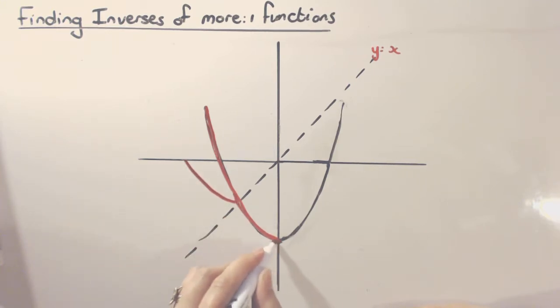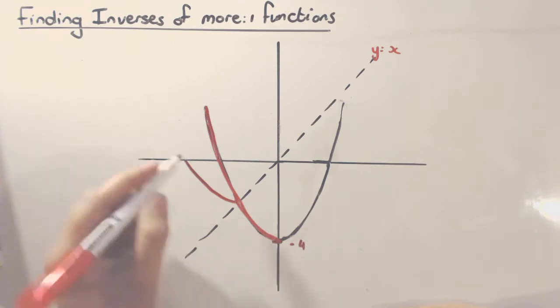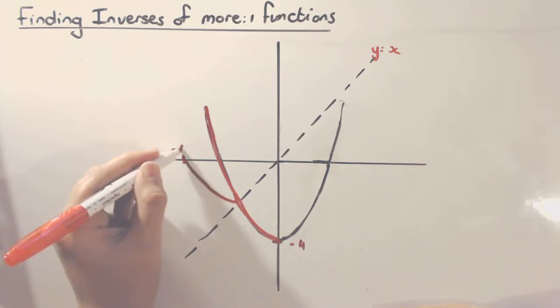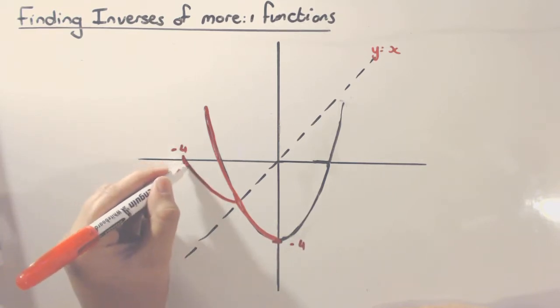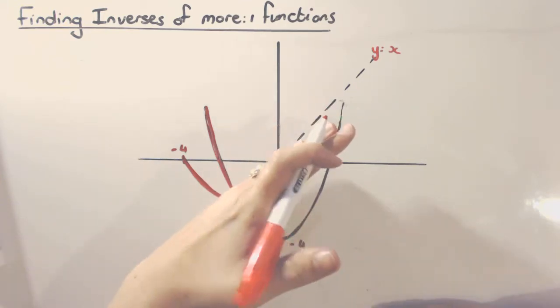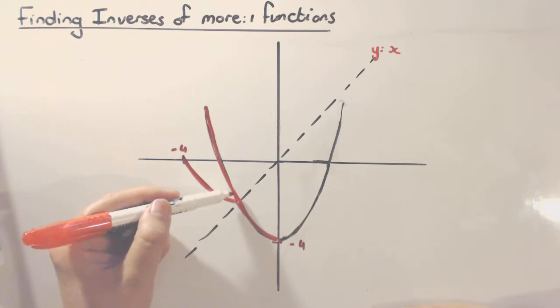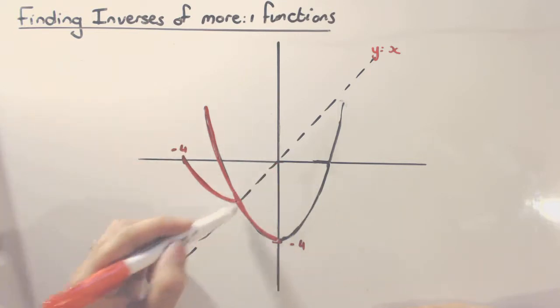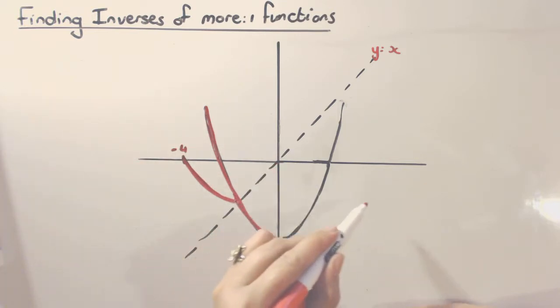If this goes through -4 here, it will go through -4 there. So this part will reflect there in this line, and this part here will reflect about there.